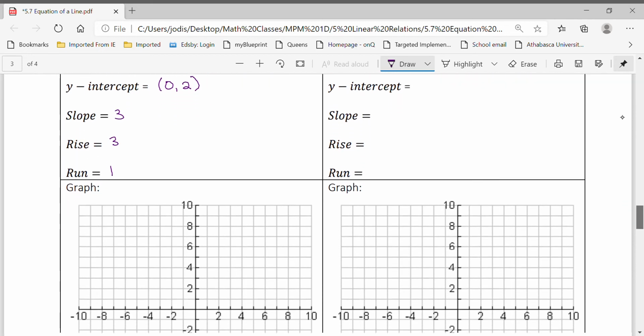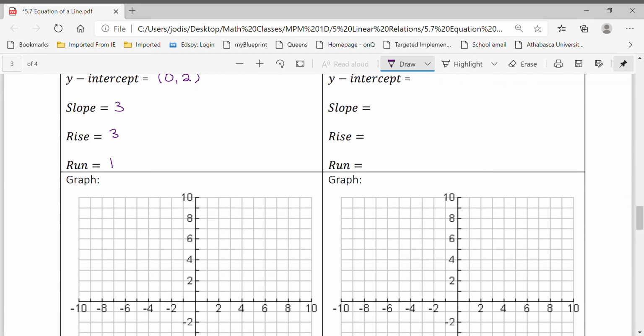So our y-intercept is 2, so we're going to start by plotting that point at y equals 2. And then we're going to use our rise and our run to get a second point. So it says that we're supposed to rise up 3. So from our y-intercept, we're going to go up 1, 2, 3, and then over 1. And then I'm going to draw a dot there.